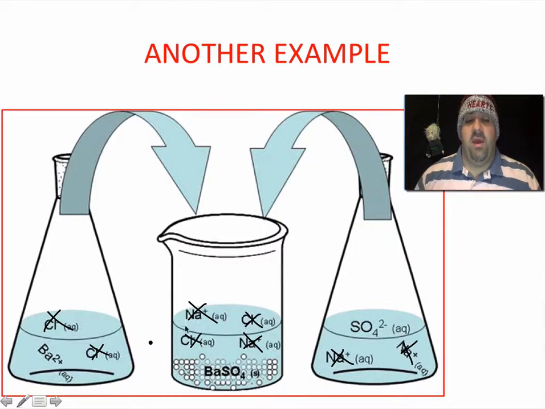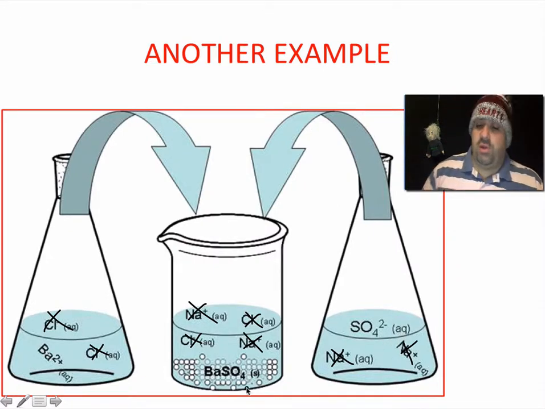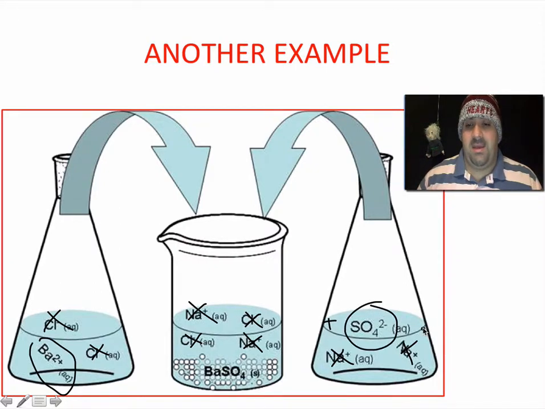It's not doing anything. So the net ionic equation is actually just going to be Ba2 plus aqueous plus SO4 2 minus aqueous yields BaSO4 solid. So we've crossed off our spectator ions. This plus this yields this right there.